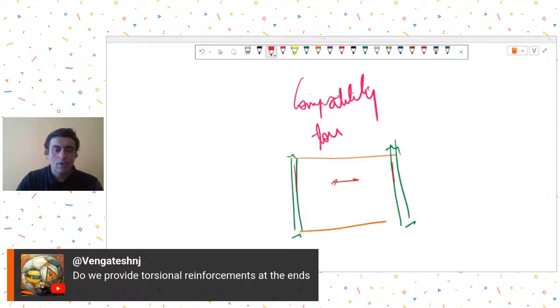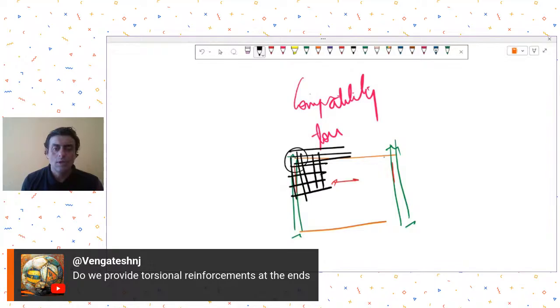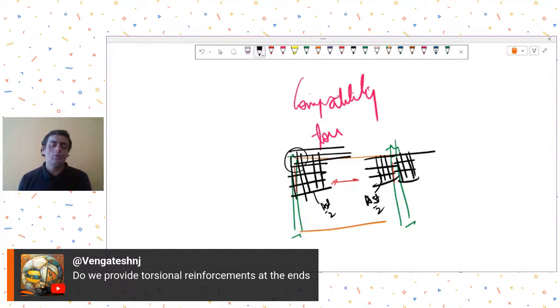Do we provide torsional reinforcement at the ends? Yes, the code wants you to provide torsional reinforcement at discontinuous edges. At corners where two discontinuous edges are meeting, you have to provide the reinforcement which is given in the code. On those edges where only one of the edges is discontinuous, you provide half of the torsional reinforcement you have provided at a corner where two discontinuous edges are meet.